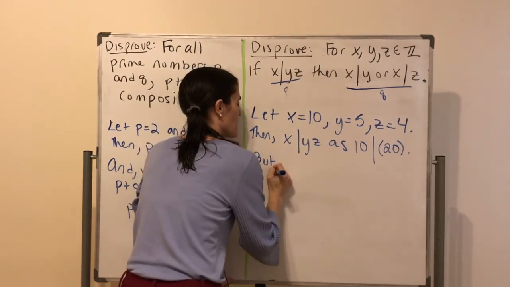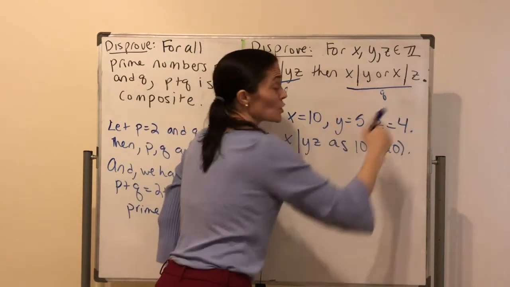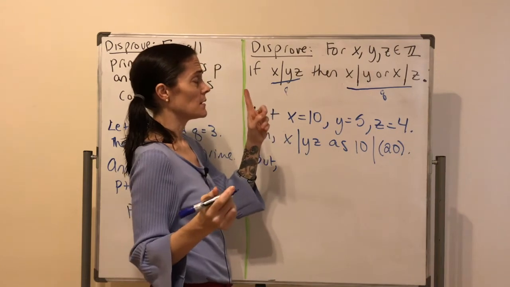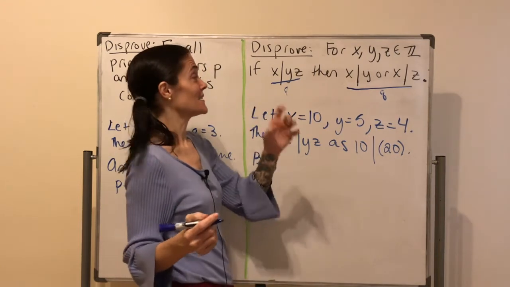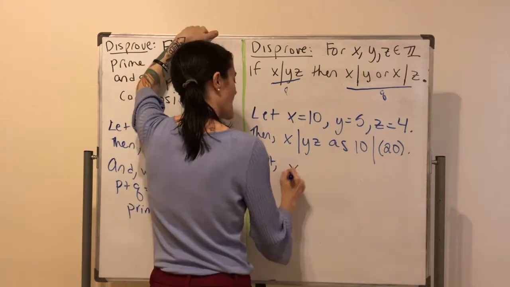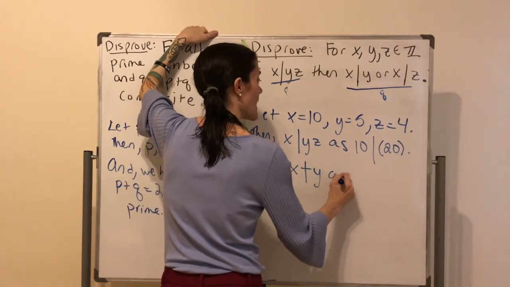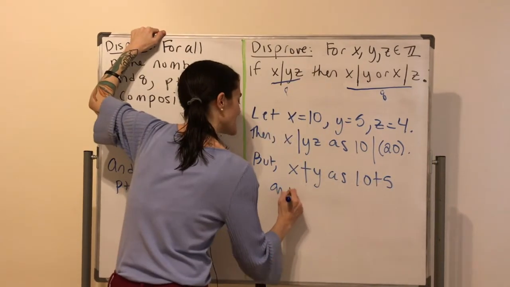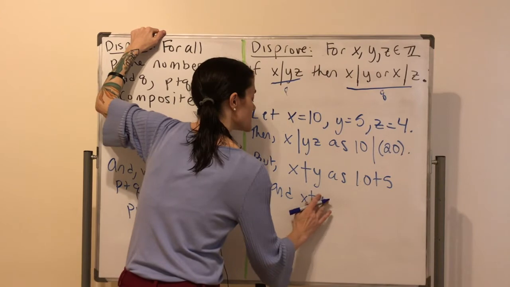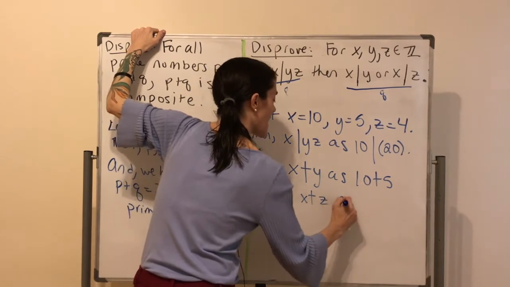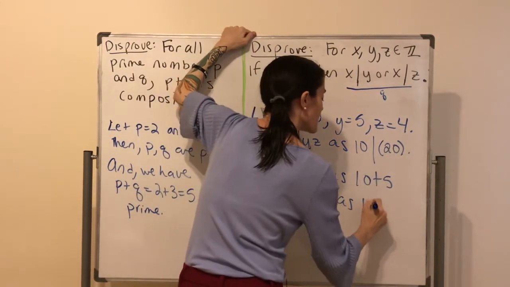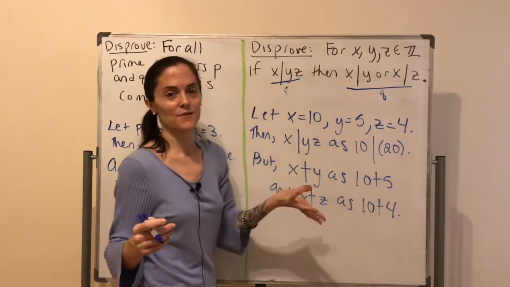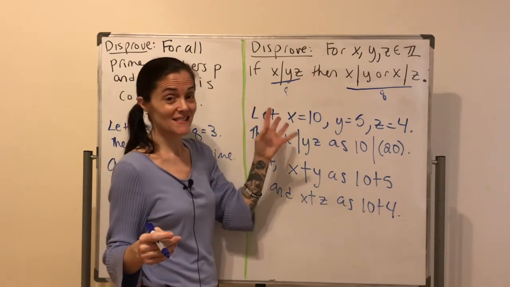However, now, if q is false, and this goes back to De Morgan's, we would need x does not divide y and x does not divide z. x does not divide y as 10 does not divide 5, and x does not divide z as 10 does not divide 4. And this is now a justified counterexample which disproves this statement.